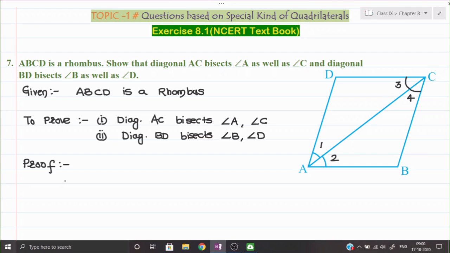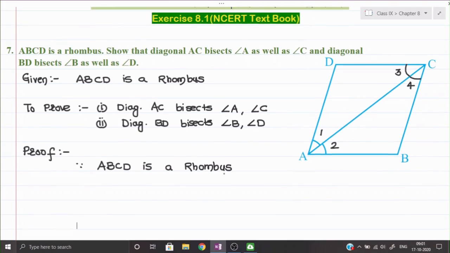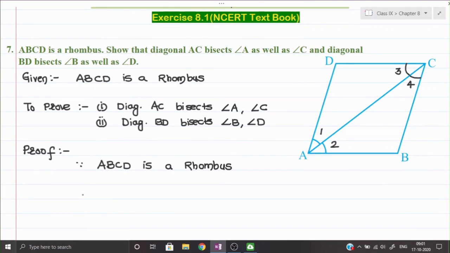Since ABCD is a rhombus, as given, we know that all sides are equal and sides opposite to each other are always parallel. Therefore AB is parallel to CD.